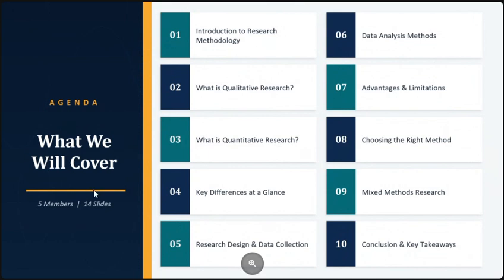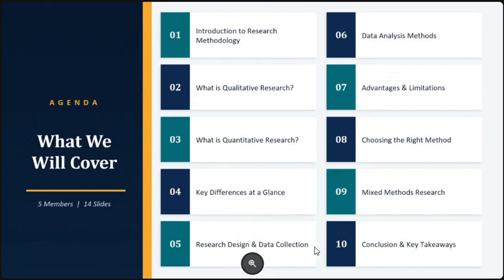Now let's get straight into the content. The foundation of any research is its methodology, the systematic framework that guides how a study is planned, conducted, and interpreted. But methodology is not just about picking a method.